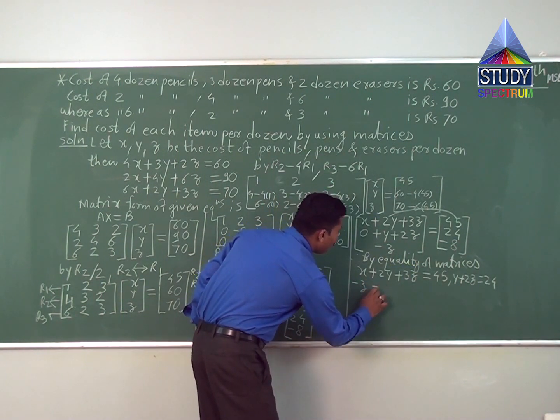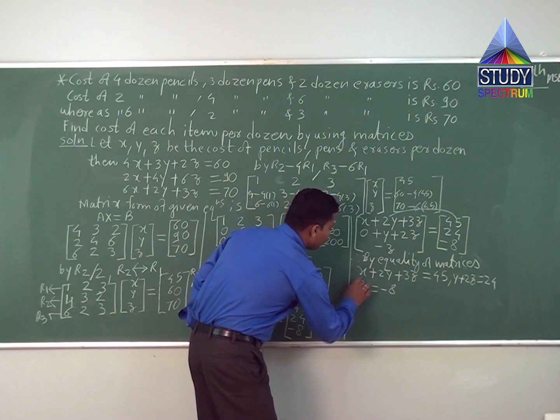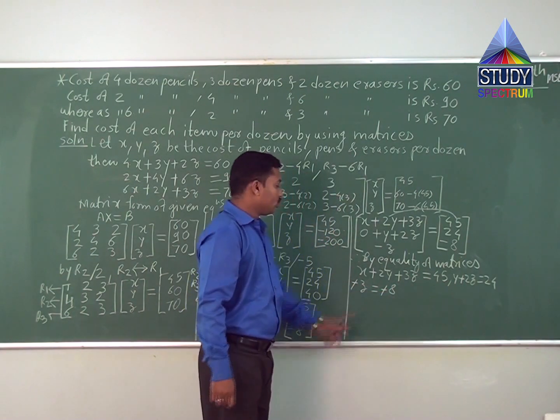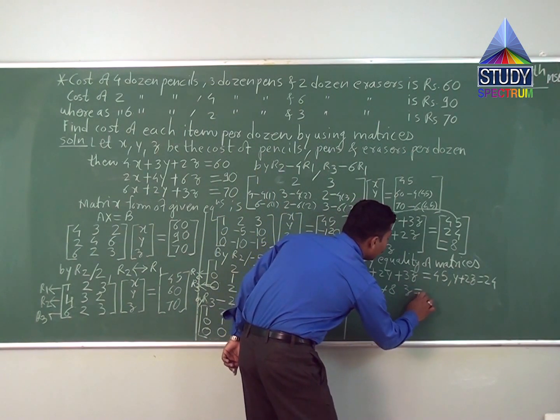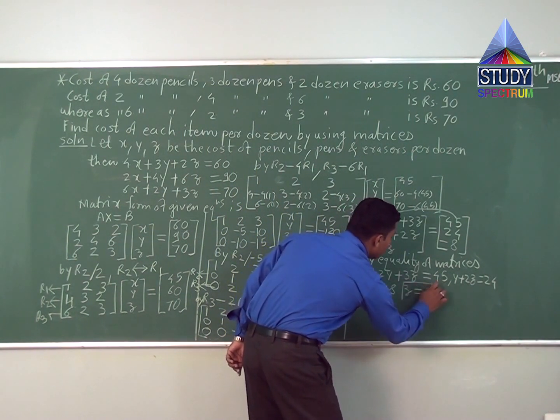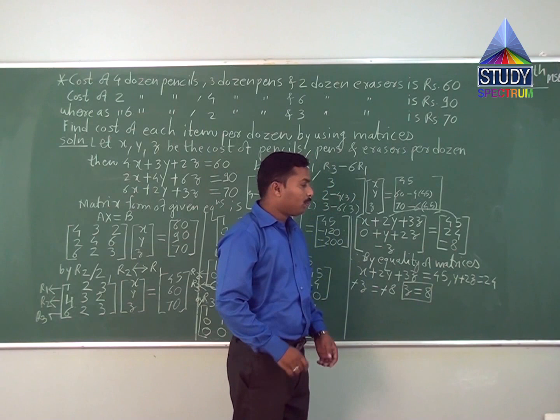The minus signs cancel, so z equals 8. So we have obtained the value of z equal to 8.